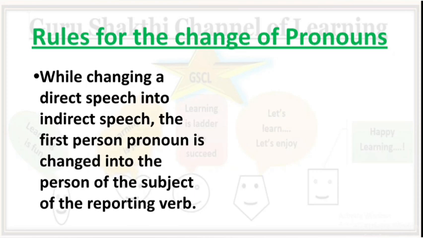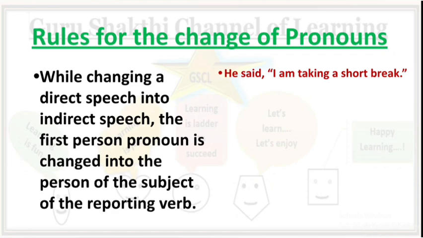Whenever we change direct speech into indirect speech, the first person pronouns become the subject in the indirect speech. He said, I am taking a short break. Which one is the personal pronoun over here?